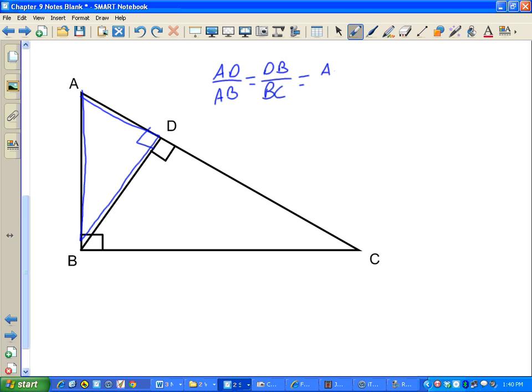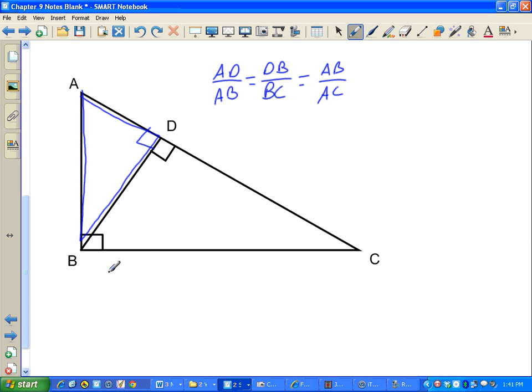AB would be the hypotenuse of the short one, and AC would be the hypotenuse of the long one. So if I'm looking for a missing piece that's on this small triangle, I can use these ratios and set up some proportion that I need. So if I needed to know what AD was, I would use this piece and one of these other pieces and get a proportion.